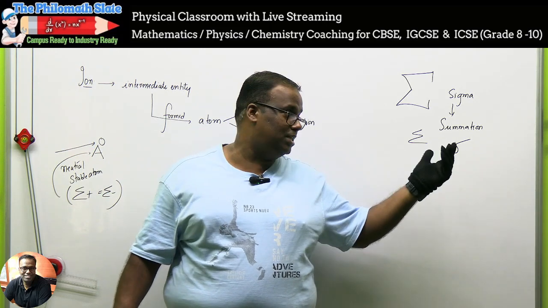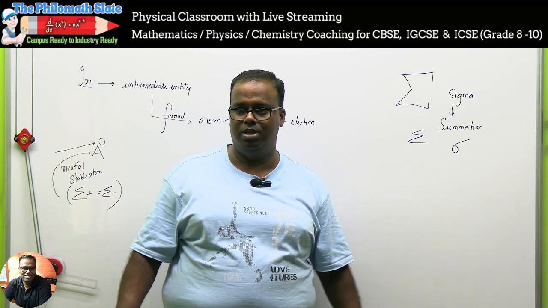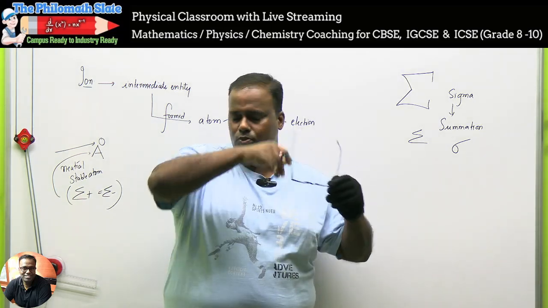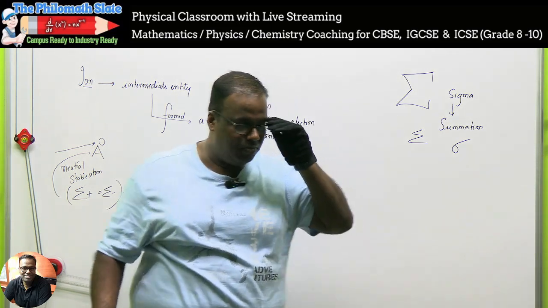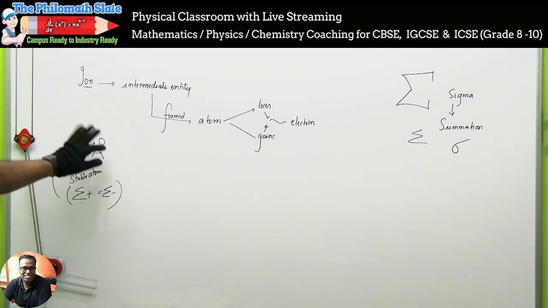Sigma means sum. So if I say sigma n, it means the sum of all the natural numbers from 1 to n, right? So sigma positive means the sum of all the positives is equal to the sum of all the negatives, because right now I'm showing this as A.